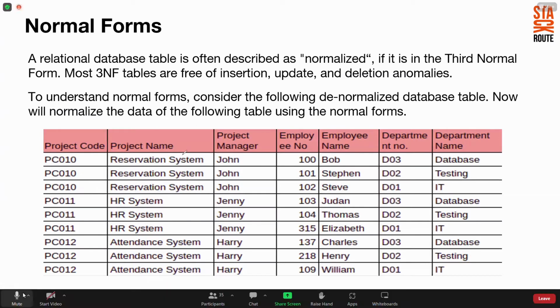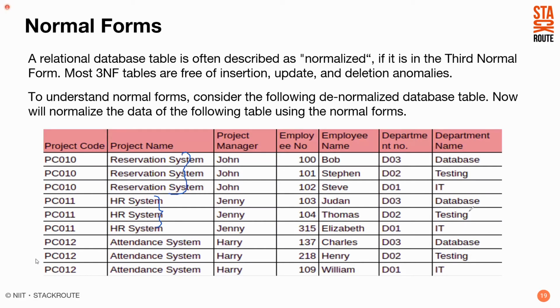See here, my one project is repeated thrice. Employee name, project code, department is repeated thrice. Department number and department name is repeated twice. Many places have repetition.